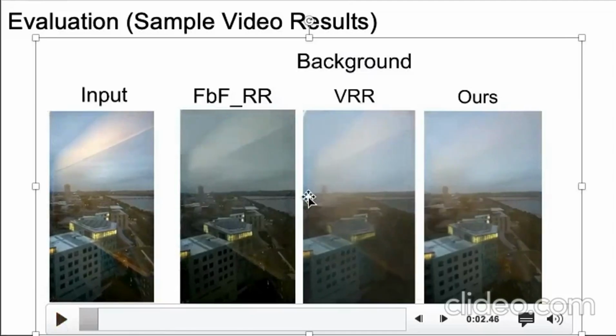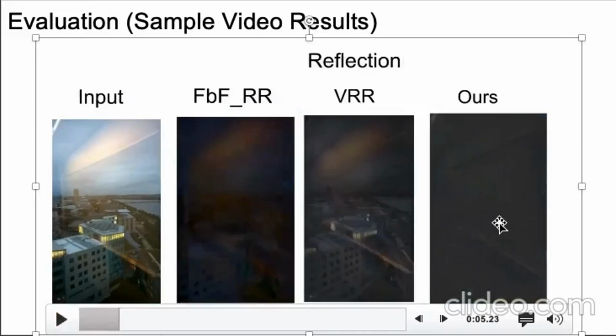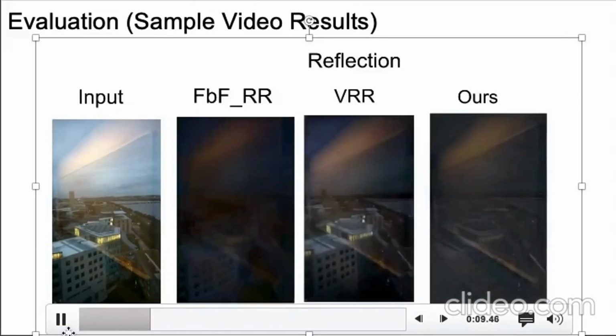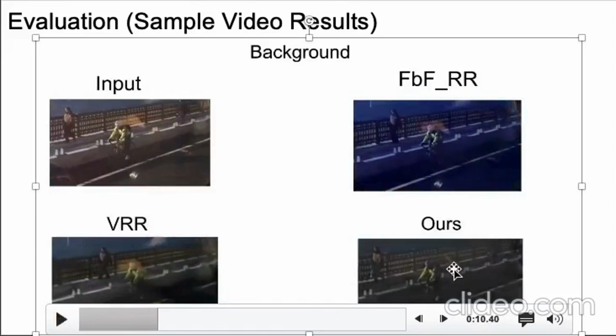Here we can see the difference between our background estimation and the two other methods. We can see that ours provides better separation than most of the other methods. The same also for the reflection. The same happens here. We can see that there are some color changes using the frame-by-frame reflection removal method. There's also some blurry and incomplete separation using the VRR method.